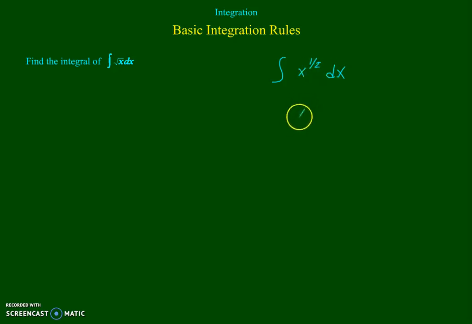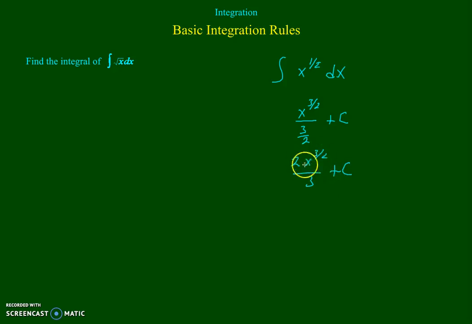So this is x to the 3/2 over 3/2 plus c. Now this denominator is going to swap places. We're going to change this division to multiplication by taking the reciprocal of the denominator. So we have 2x to the 3/2 over 3 plus c.